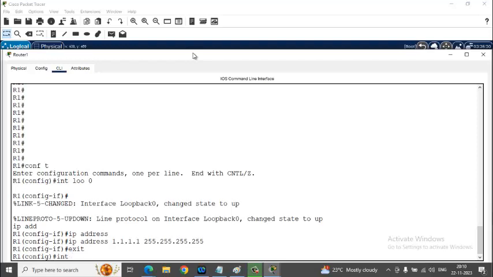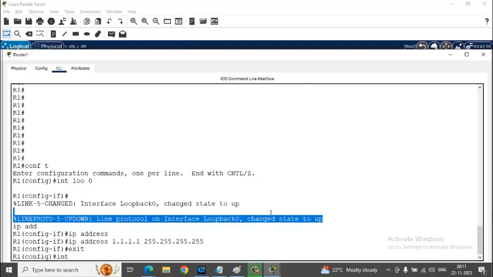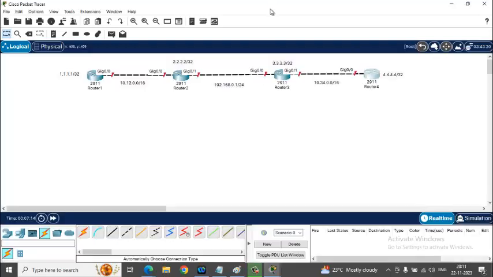Now we have configured the IP address. You can see that by typing show ip interface brief. The reason the protocol is down is that the other side of the link, the router, is not on. Now let's go to router 2.